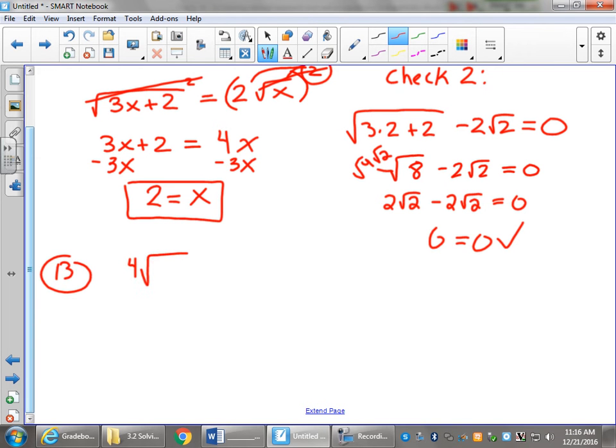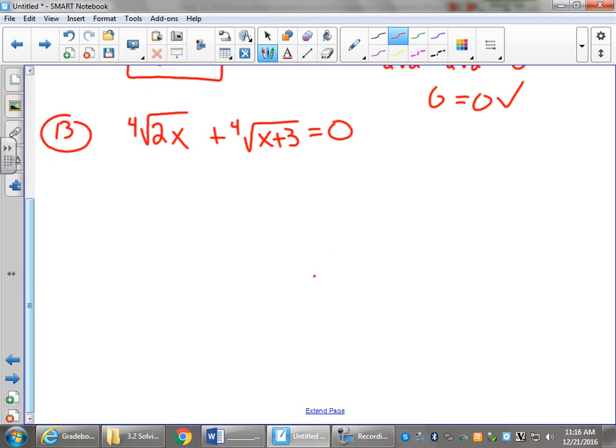The 4th root of 2x plus the 4th root of x plus 3 equals 0. So like number 12, we have how many radicals? 2.